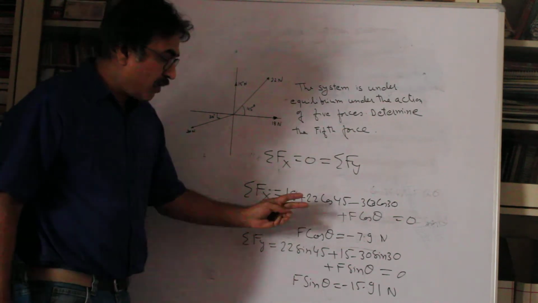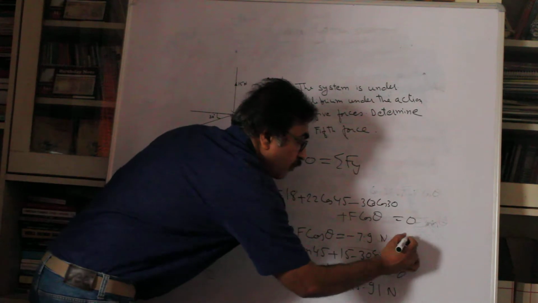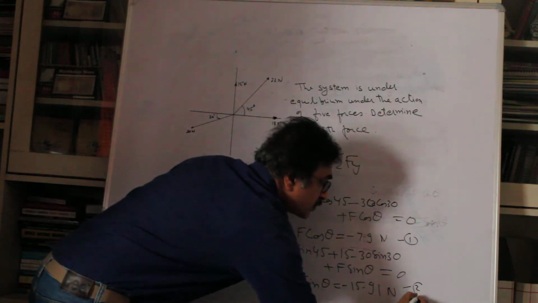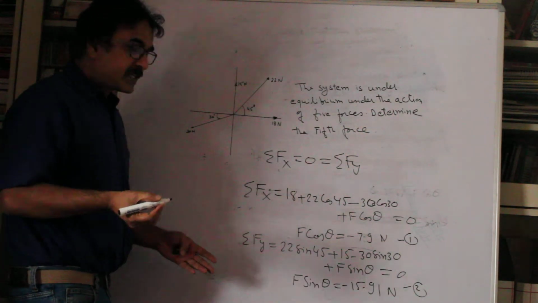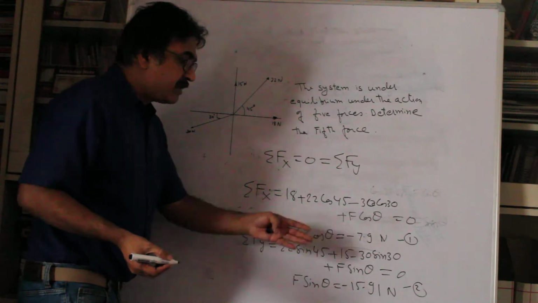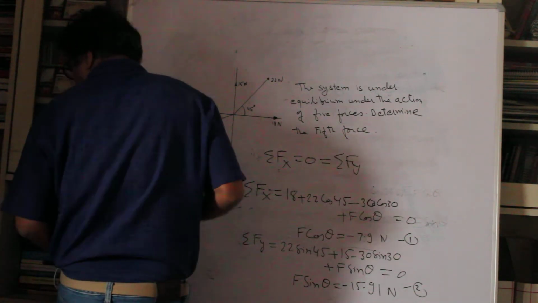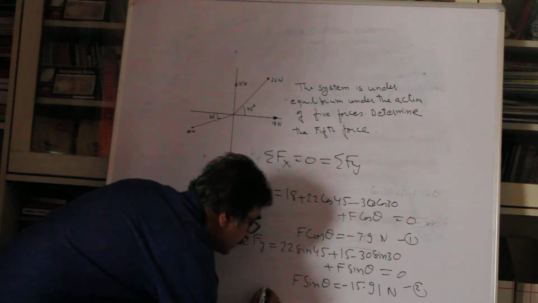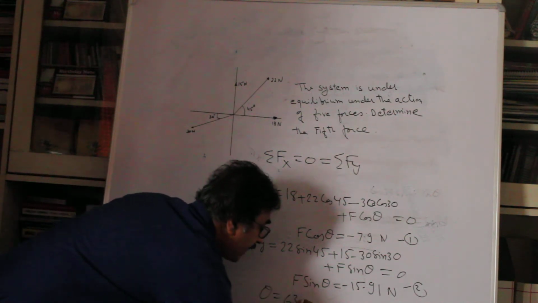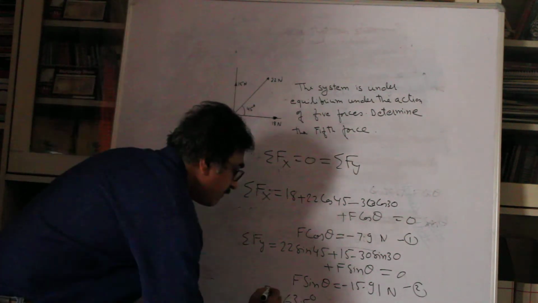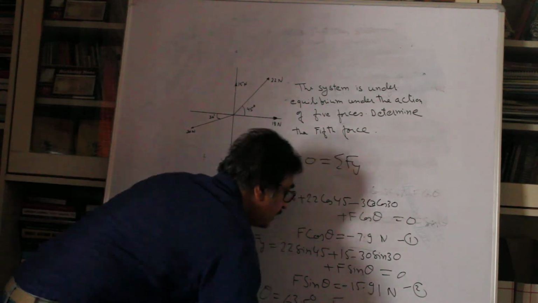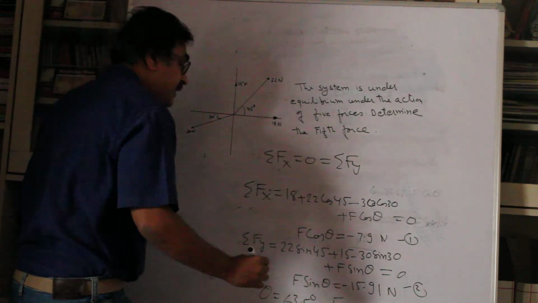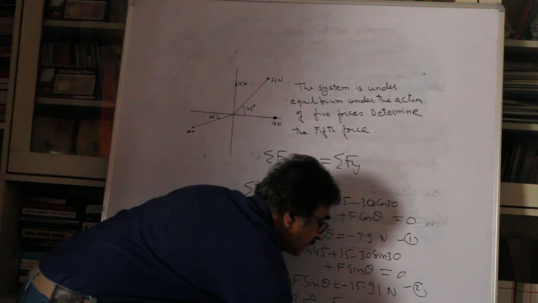And if you call this 1, this is 2, solve this, divide 2 by 1, F gets cancelled, find out theta, and the value of theta is 63.5 degrees, right? And the value of F will be 17.78.